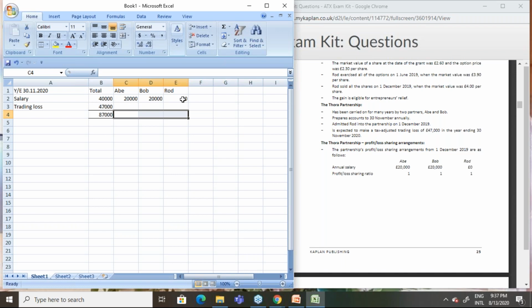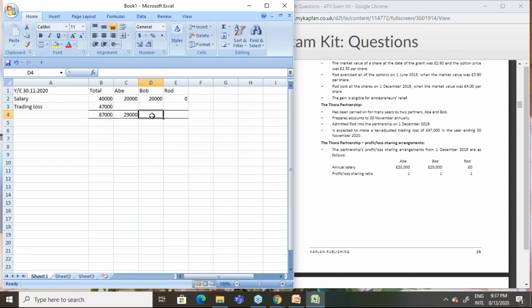Then the loss is going to increase more. You already have a loss of 47,000. In addition to that, you have to pay salaries to the partners, so your loss is going to increase by another 40,000. So total loss is 87,000. And this you have to share equally among the partners, 1:1:1. So divide by 3.